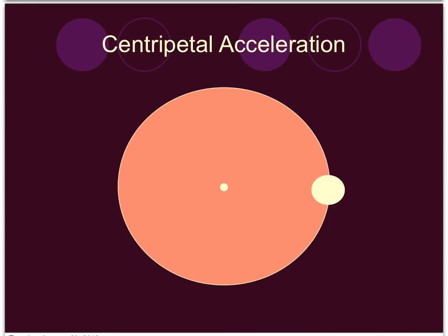So when we draw a centripetal acceleration, we know again, centripetal means center seeking, so it's going to have that acceleration towards the center of the circle, and what prevents it from moving in that direction is the fact that its tangential velocity is perpendicular to the radius of the circle.